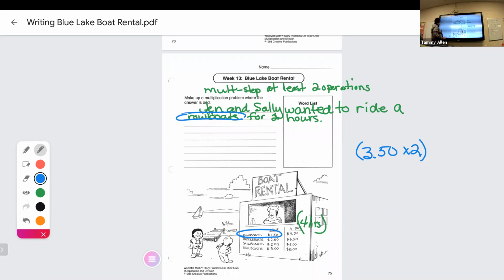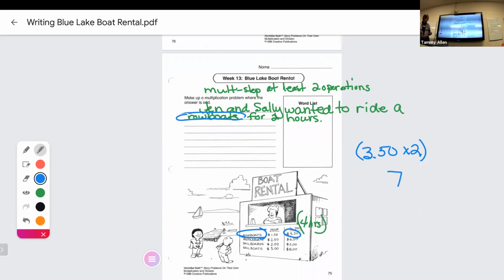So there's one operation. That'll give us $7, right? So that's only one operation.